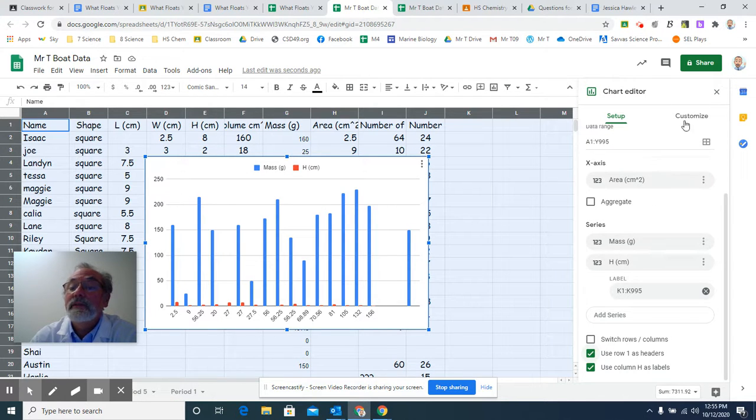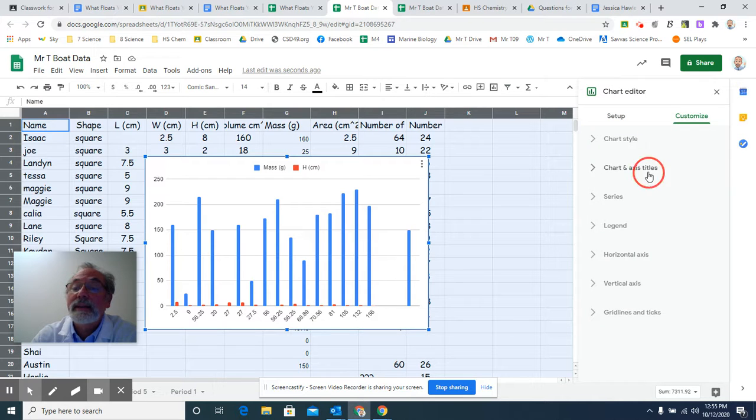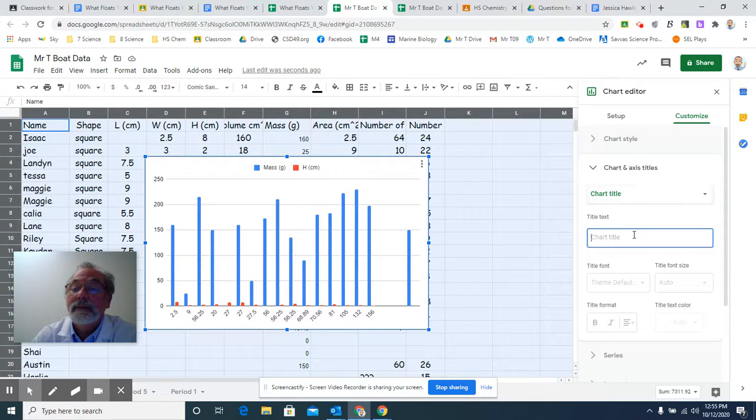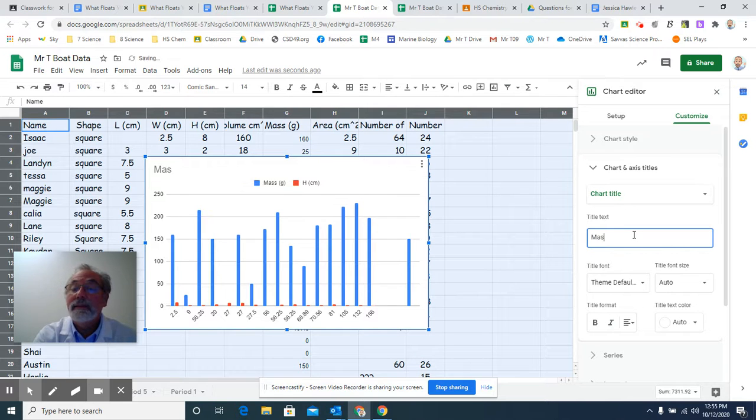So let's go up here to customize now. Chart title and axis. Title, this is mass and height of boat versus area.